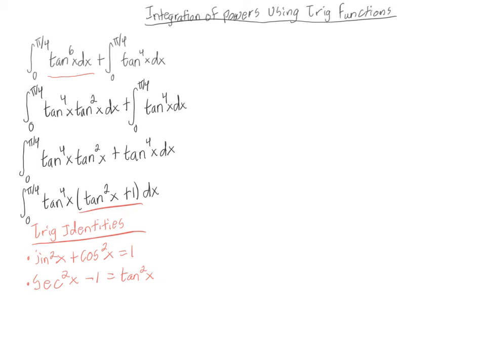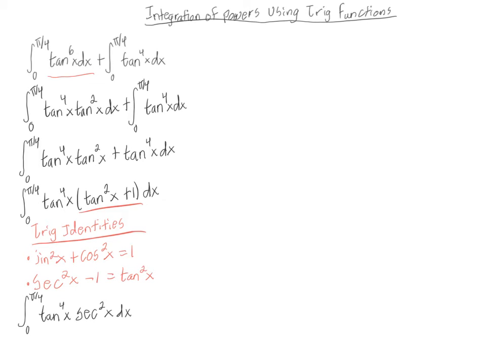So we'll write it as so: the integral from 0 to pi over 4 of tangent 4x times secant squared x dx.